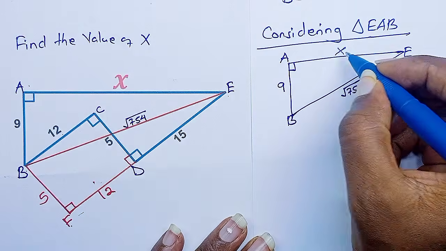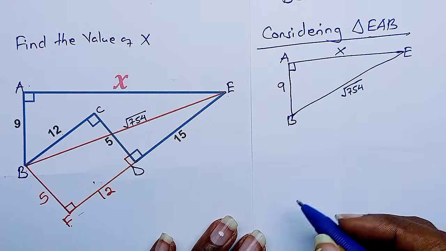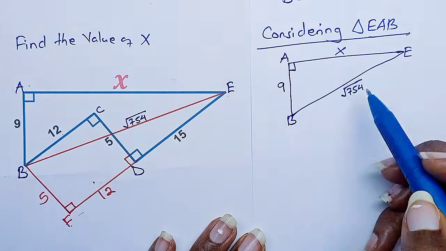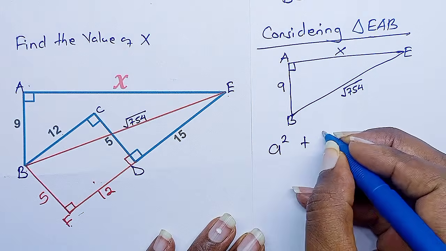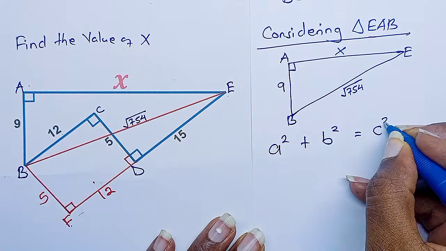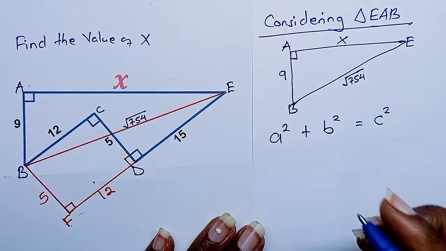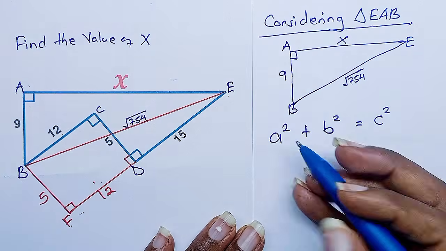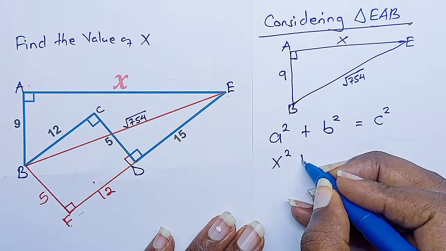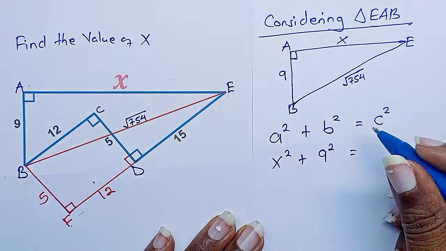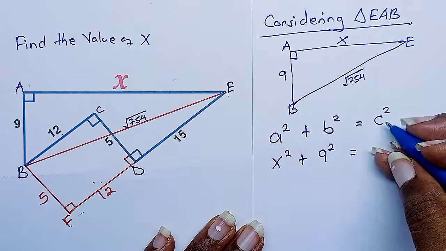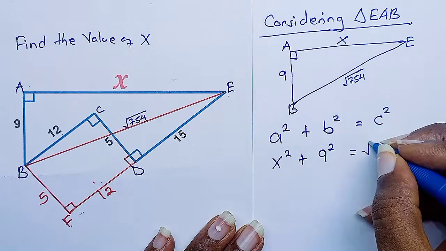So this is X. So our task is to find the value of X using Pythagoras theorem. So A squared plus B squared is equal to C squared. Our A is X, so X squared plus our B is 9, plus 9 squared is equal to our C, which is BE, which is root 754.